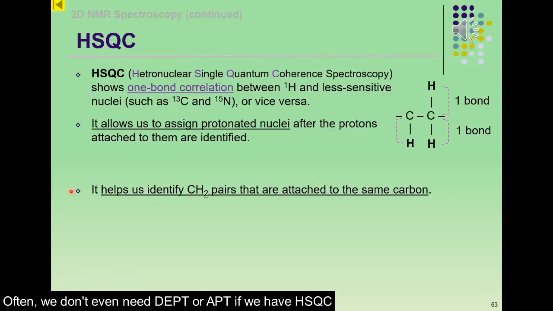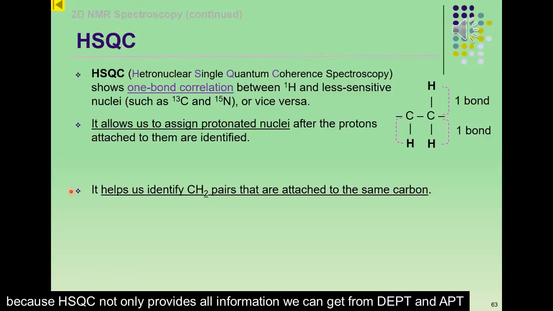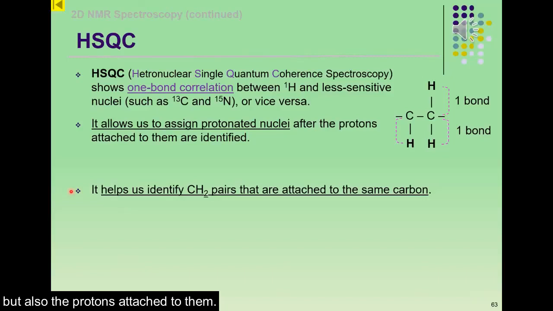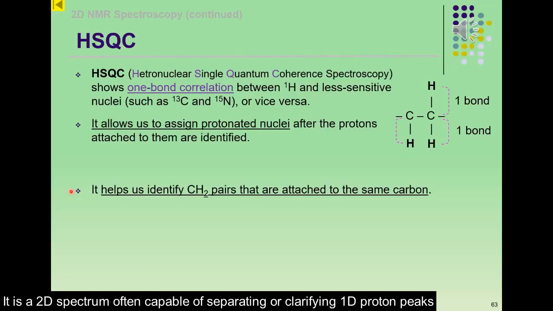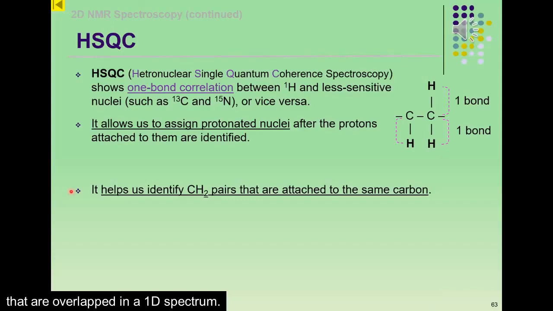Often, we don't even need DEPT or APT if we have HSQC, because HSQC not only provides all information we can get from DEPT and APT, but also the protons attached to them. It is a 2D spectrum, often capable of separating or clarifying 1D proton peaks that are overlapped in the 1D spectrum.